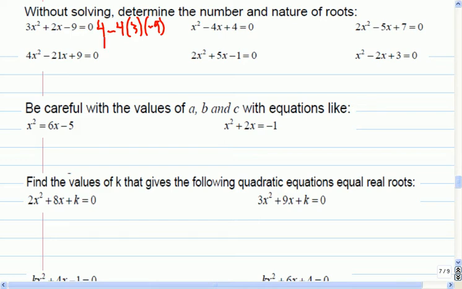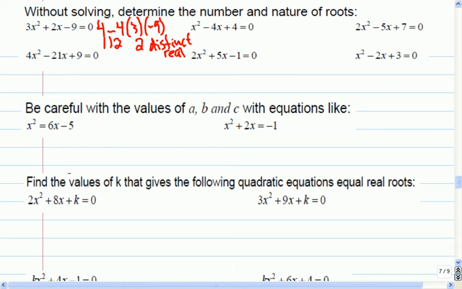Looks like I have 112. So that means I'm going to have 2 distinct roots, and they're both real.